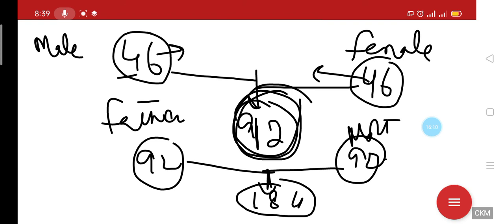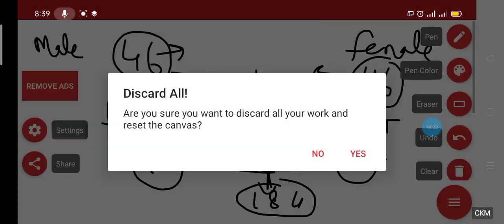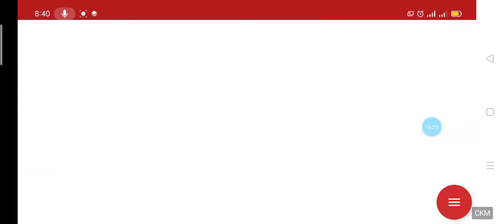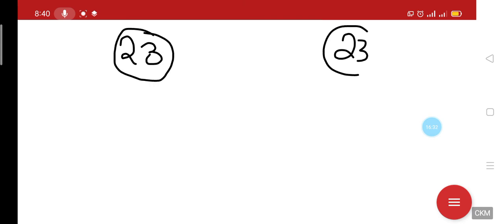So to maintain this, Allah Ta'ala has created a phenomenon that is meiosis. Meiosis creates a cell having half the number of chromosomes. So what is the advantage of having half the number of chromosomes? Suppose by the help of meiosis the father has 23 chromosomes in a cell, and the mother also has 23.